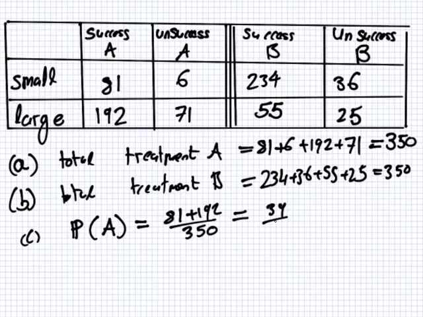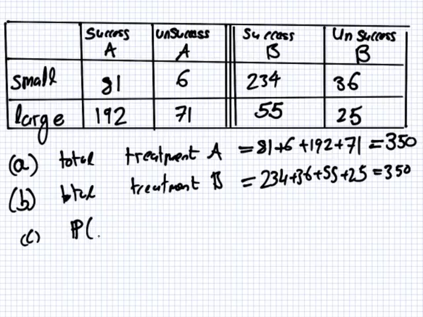Why do you choose the first and not the second one? What do you mean? Rewrite the question, the probability. Yeah, we didn't try small successful. Oh yeah, sorry. Yeah, that's not enough. Success A.